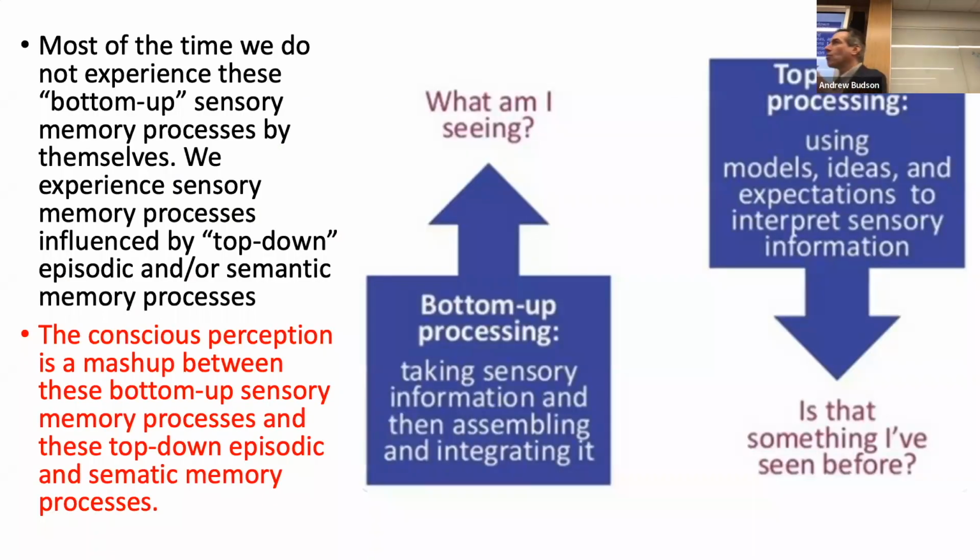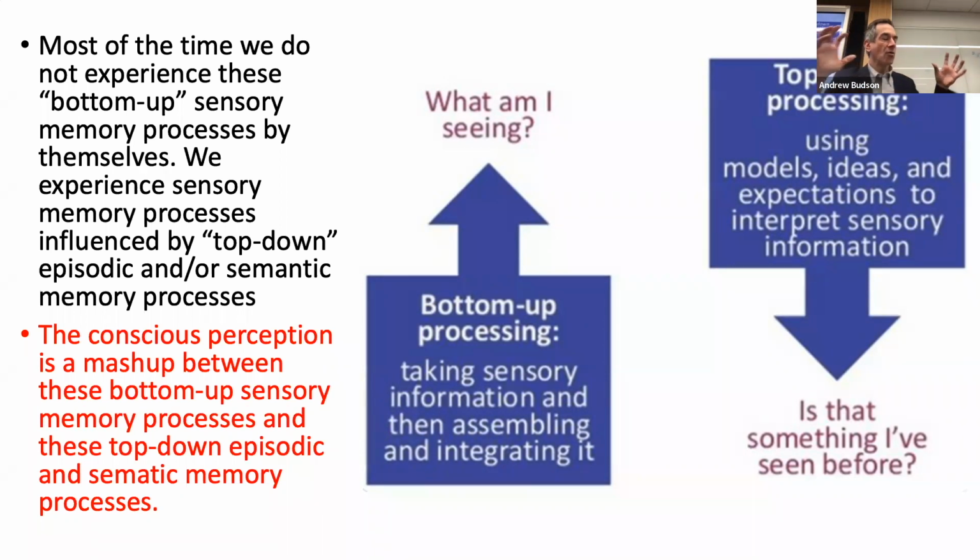But of course, we know that we're not experiencing these sensory memories directly, right? The experience is a mashup between these bottom-up sensory processes and these top-down episodic and semantic memory processes, okay? So that our conscious perception is this mashup, and that's what we are remembering.